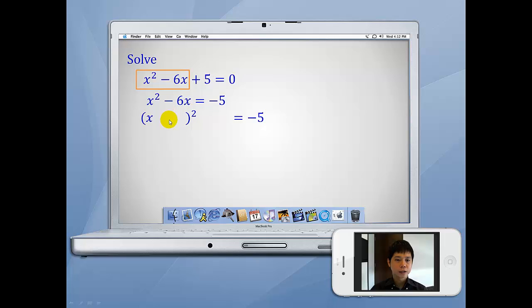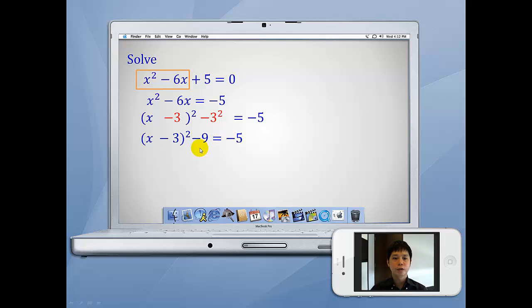So we will halve the x and put in brackets. So the number here will be, yes, minus 3. And we will subtract the square of the number there. We will subtract 3 squared. And the right hand side remains unchanged. Simplifying, we have x minus 3 squared minus 9 equals negative 5.